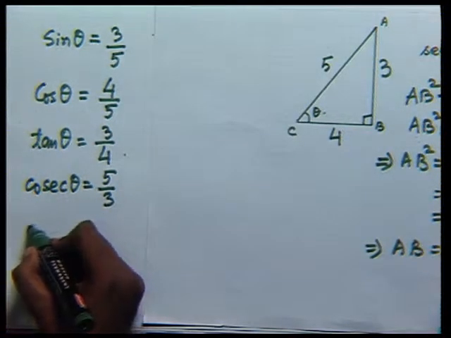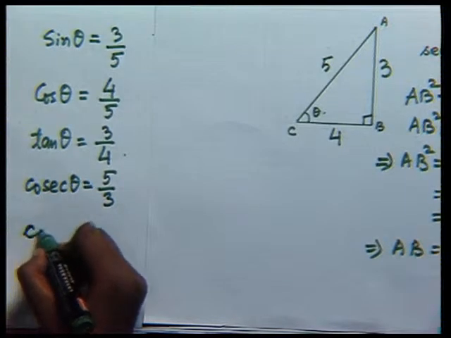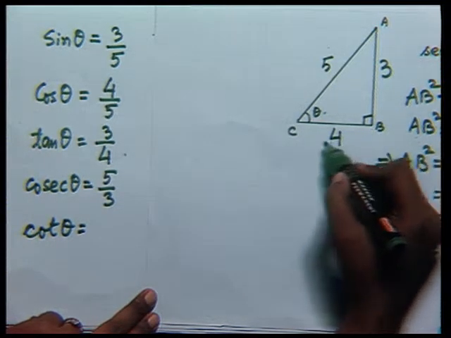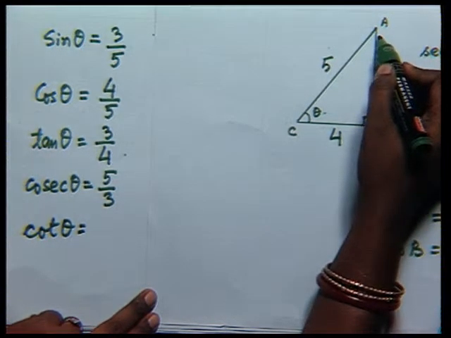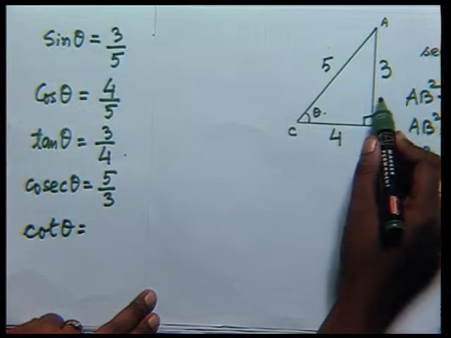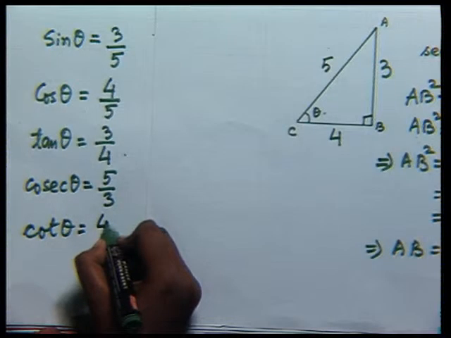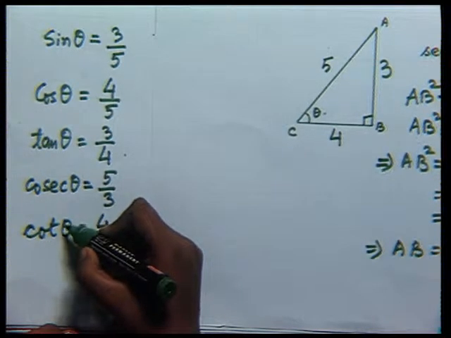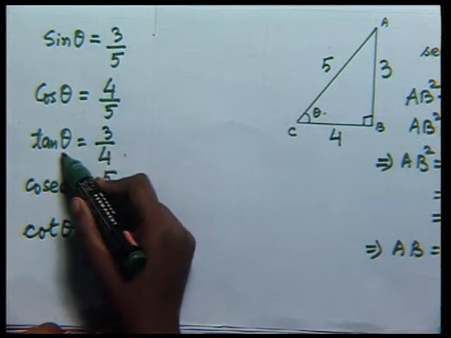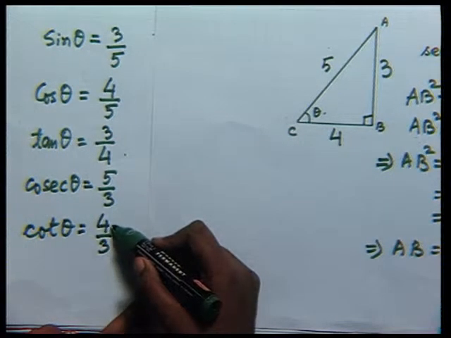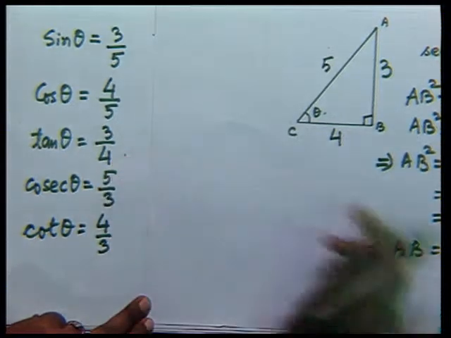Sec theta we are already given, and cot theta is the ratio of the adjacent side, that is BC, upon the side opposite to the angle theta. So, this is 4 upon 3. You can again verify that since cot theta is the reciprocal of tan theta, if tan theta was 3 upon 4, then cot theta becomes 4 upon 3.